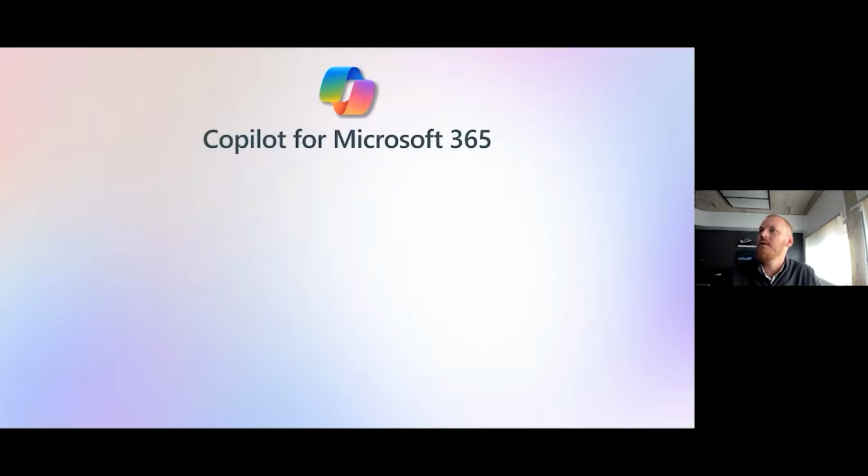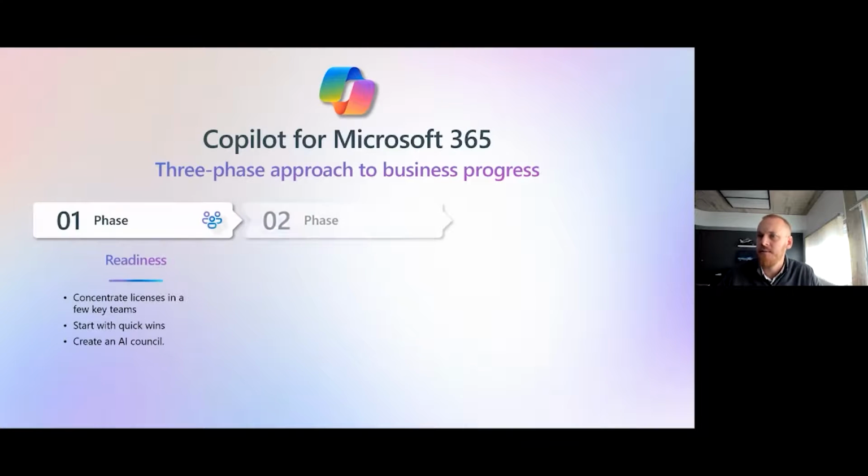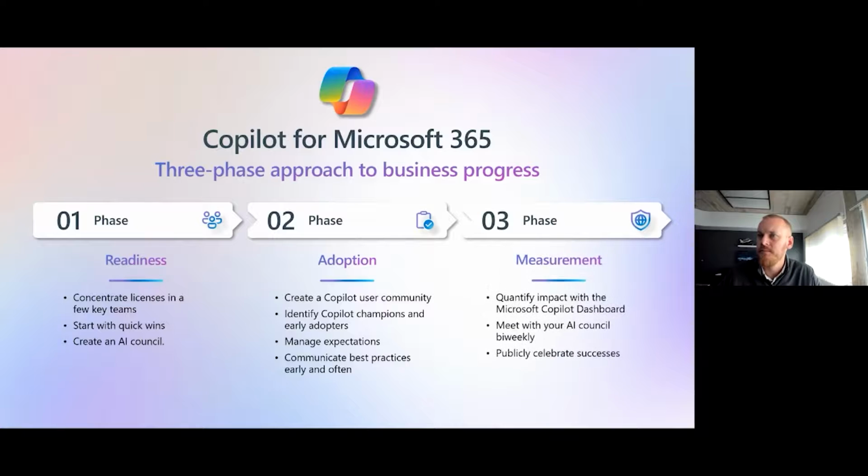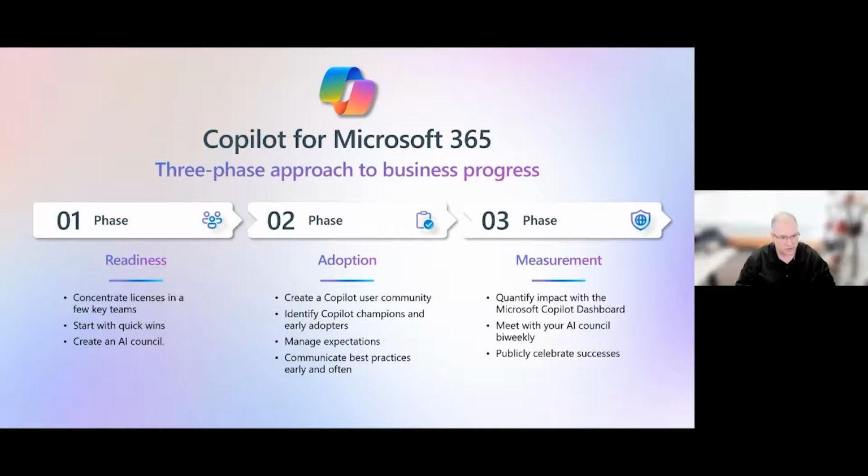If you want to advance to the next slide, we go through the typical three-phase approach, which is, one, get the readiness component, get the environment prepared. But then, like Nathan's been mentioning, the idea of putting together pilot groups. So maybe concentrate a few licenses on a couple of key teams that can provide some feedback.